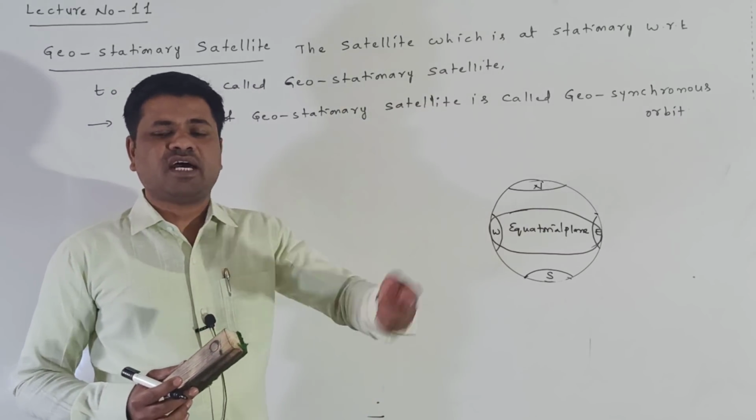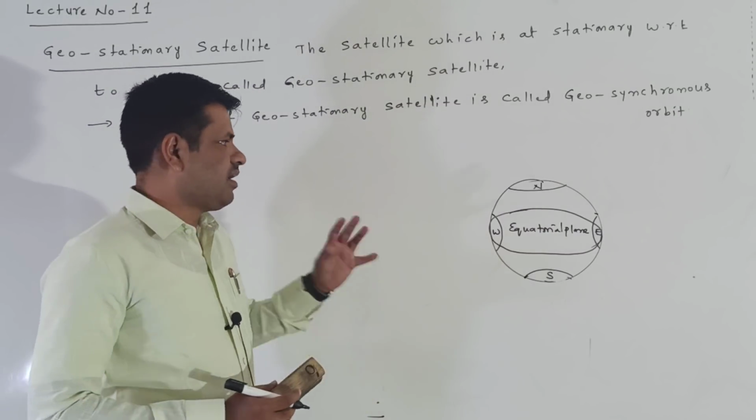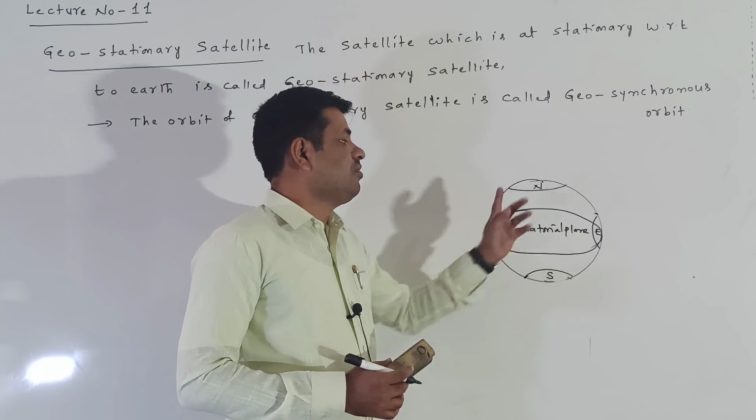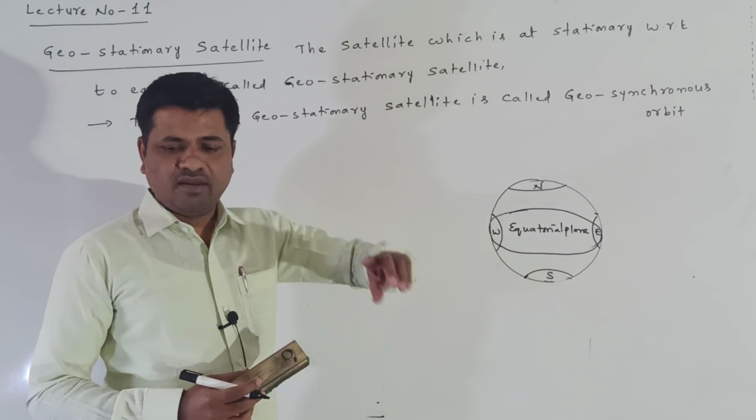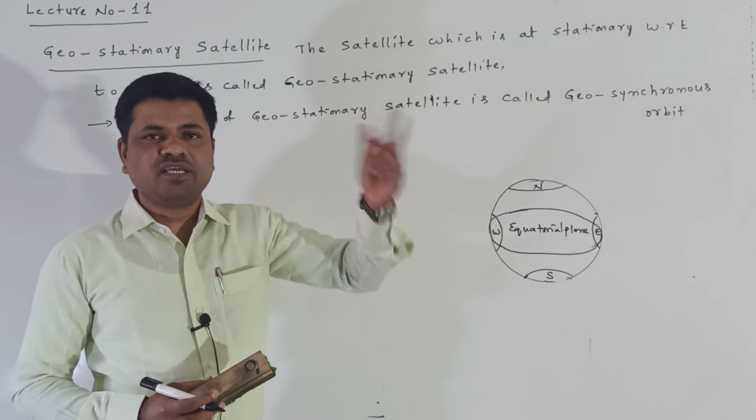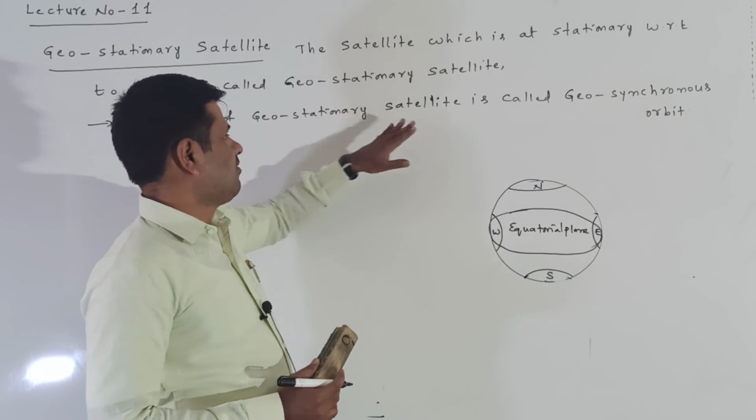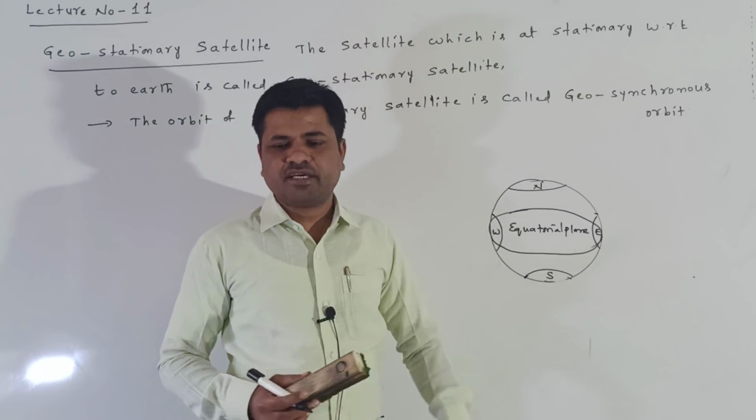The geostationary satellite revolves from west to east, and its orbit is called the geosynchronous orbit.